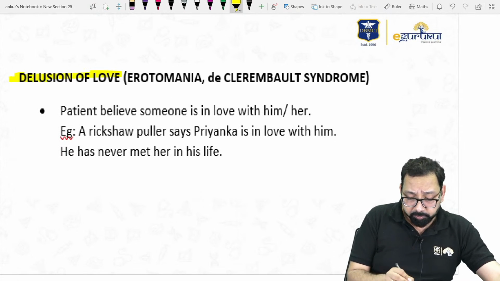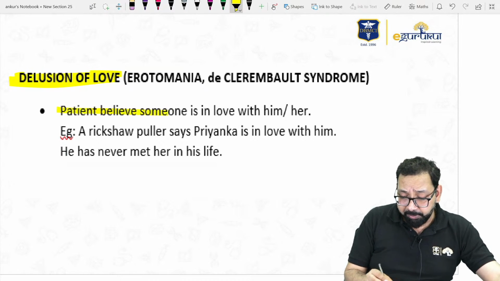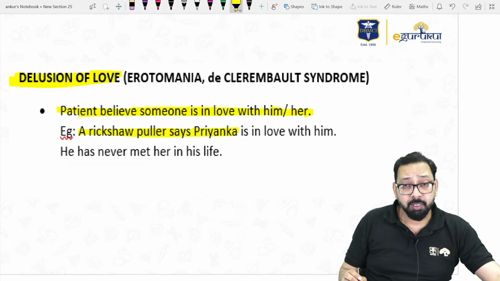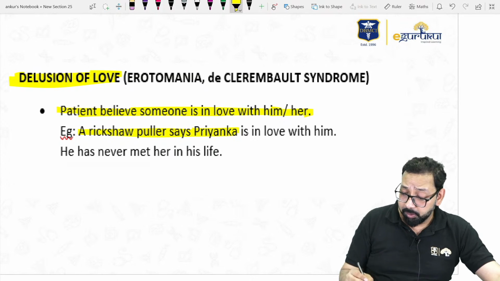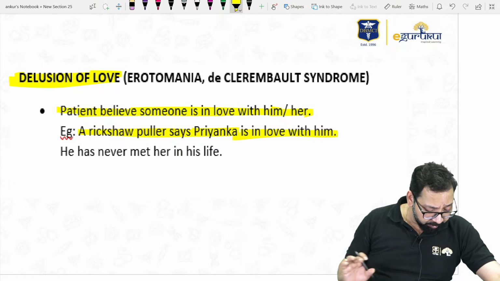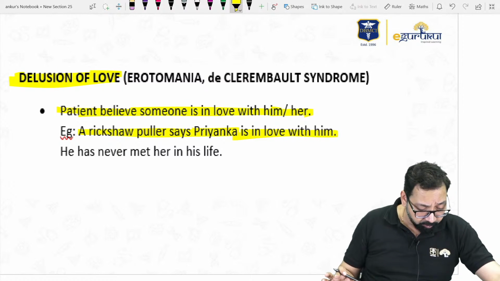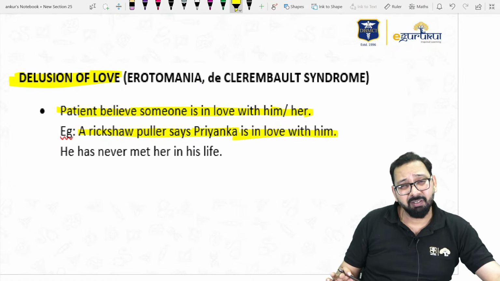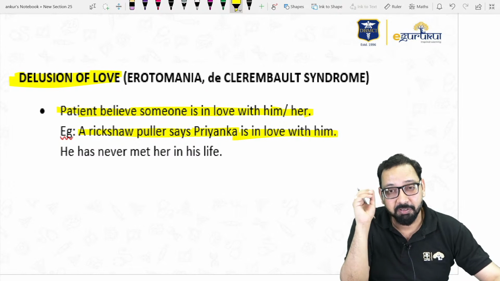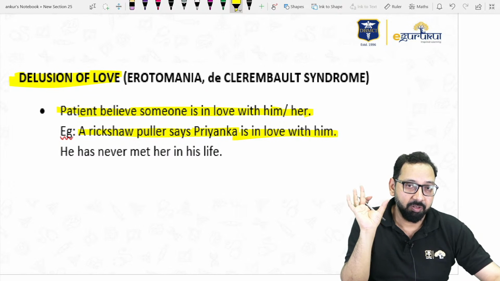Delusion of love. Patient believes that someone is in love with him or her. Suppose a rickshaw puller says Priyanka Chopra is in love with him. When you ask, how can you say that she is in love with you? He says, Doctor Saab, I know. Whenever she comes on TV, she always wears red color dresses.